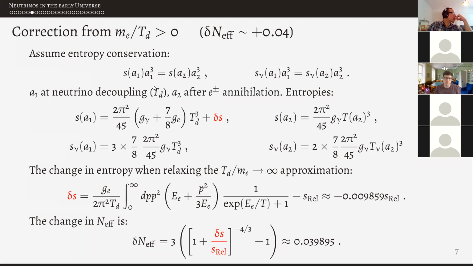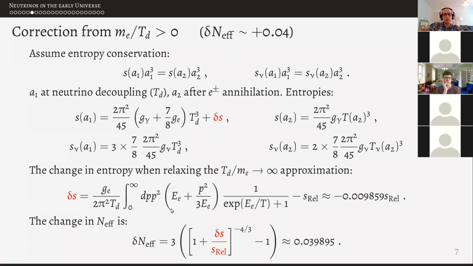If we then choose A1 to be at the decoupling temperature and A2 to be well after electron-positron annihilation, then we get these contributions to the entropy densities. And then in addition, we get a contribution to the entropy from the non-zero electron mass, and that is only for electrons and photons at high temperature, so at the neutrino decoupling.